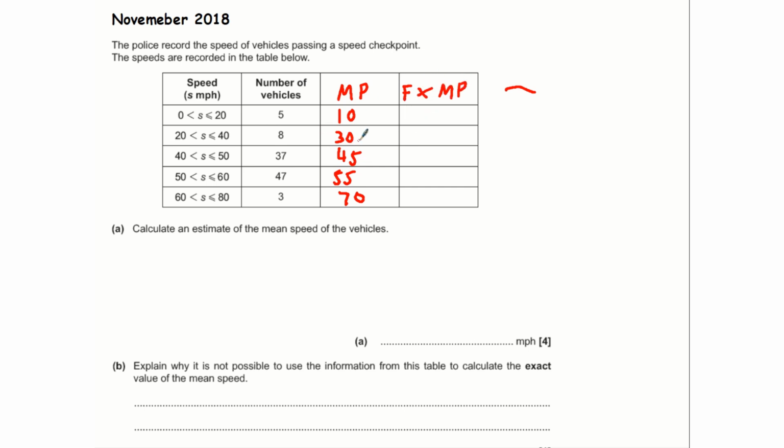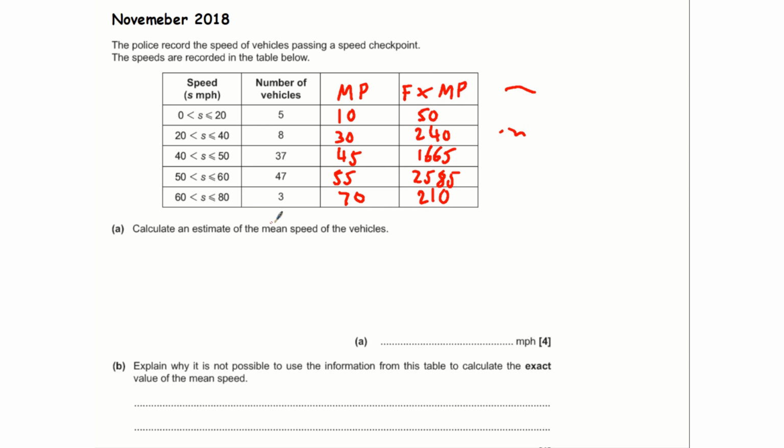So we're going to multiply each of these. 5 multiplied by 10 is 50. 8 multiplied by 30 is 240. 37 multiplied by 45 is 1665. 47 multiplied by 55 is 2585. And then 3 times 70, which is 210. So that is your frequency multiplied by your midpoint.